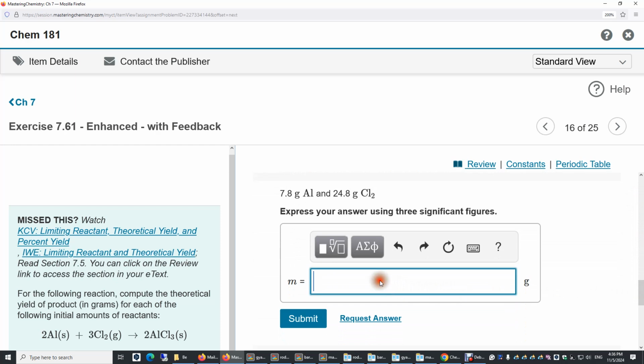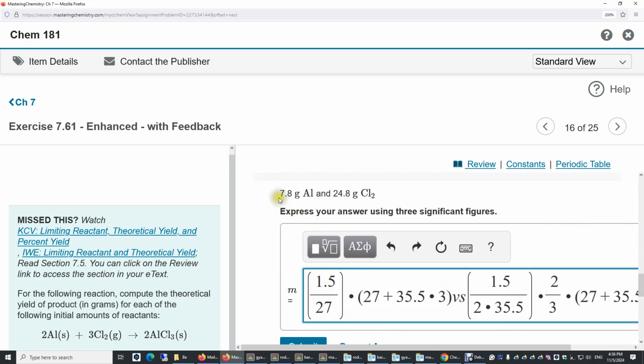Since I did copy paste, I'm gonna do it again over here. It's just over here, this aluminum is 7.8, okay, and chlorine is 24.8. Alright, now what we need to do is compare this 7.8 over 27 with this 24.8 over 2 times 35.5 times 2/3.